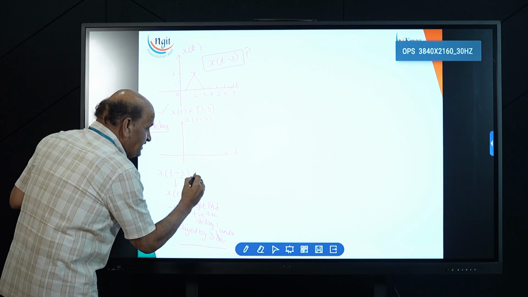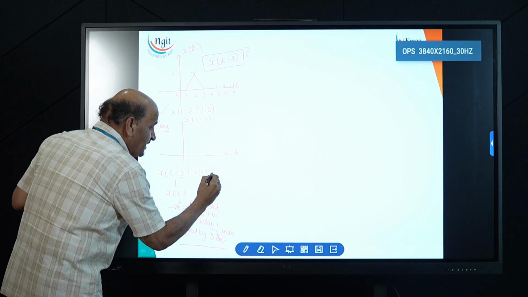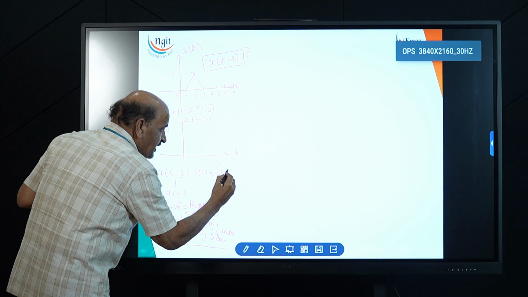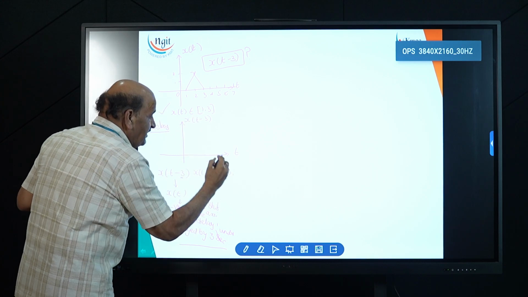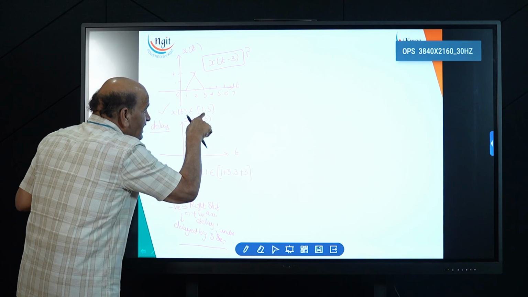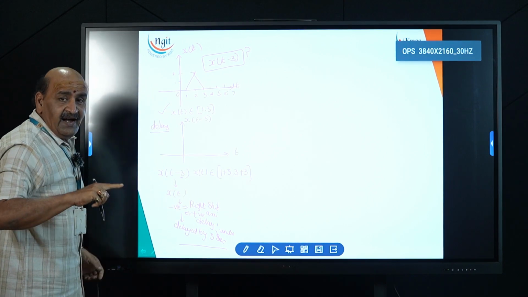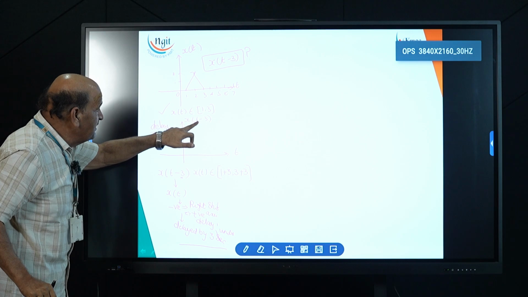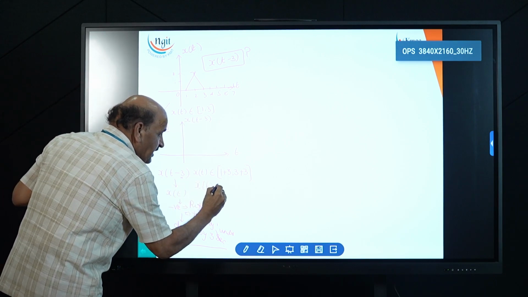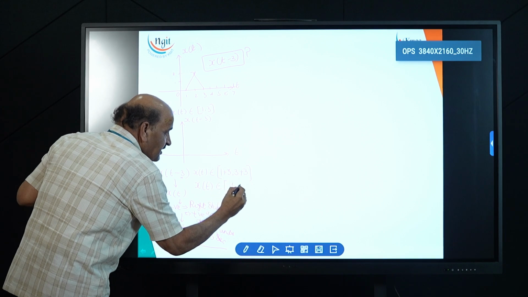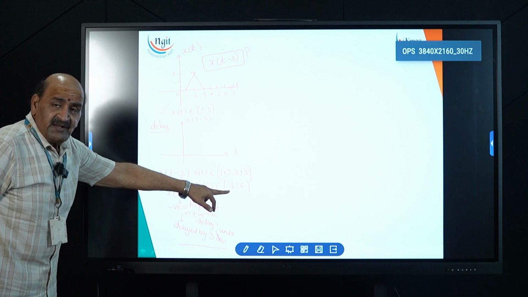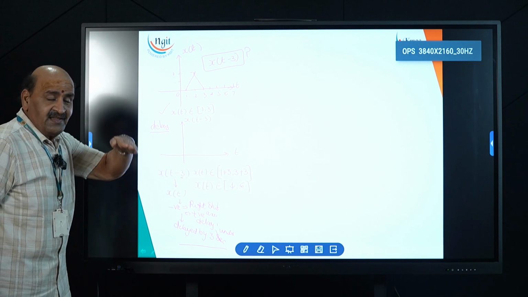Therefore, the next signal, the basic one is 1 plus 3, and the second is 3 plus 3. For each point we have to add 3, because it is t minus 3. So now the latest interval will be 4, 6. Based upon that, now we have to make the graph.